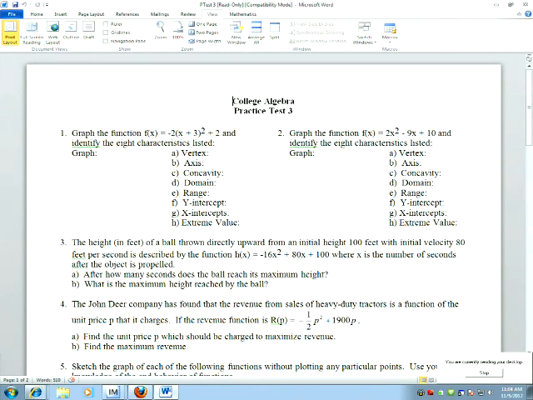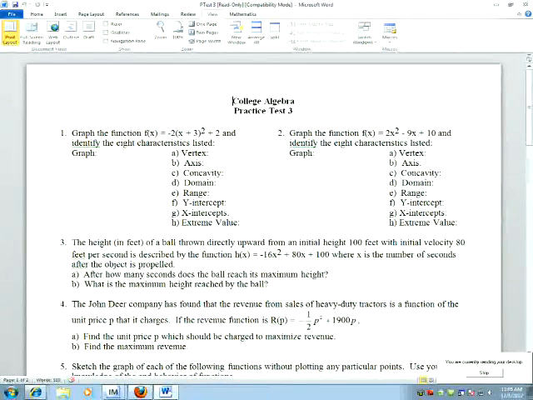Then you have one word problem that's very similar to number 3 or number 4. Both of those are quadratic equations, so their graphs are parabolas, and you're asked to find something about the maximum. Where does the maximum of a parabola occur? At the vertex.